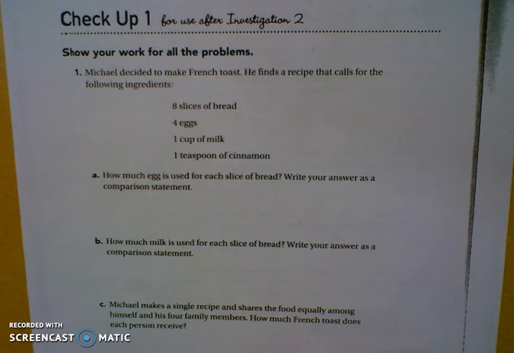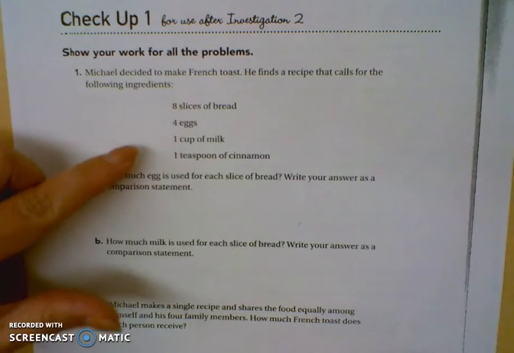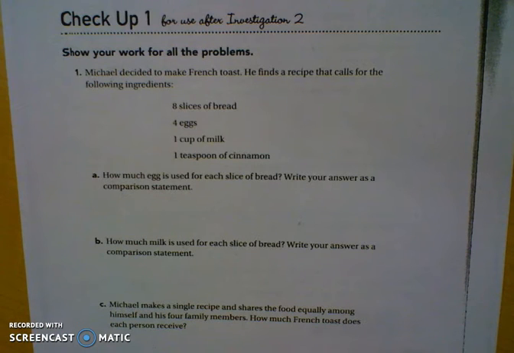So let's get started. Number 1, Michael decided to make French toast. He finds a recipe that calls for the following items. You can see the recipe right here. We are going to be comparing how much egg is used for each slice of bread and write your answer as a comparison statement.